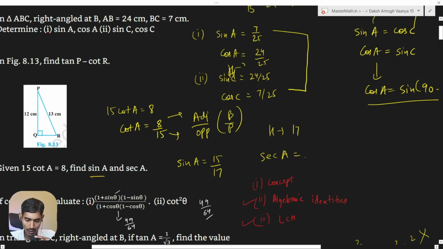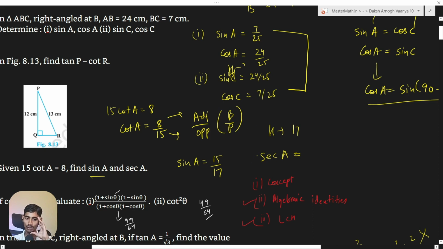Just check adjacent by hypotenuse or what it is. It is the reciprocal of cos. What was cos? Just check. AB by AC. Just look at the adjacent and all that. Adjacent, hypotenuse, opposite. Because we have all these values.